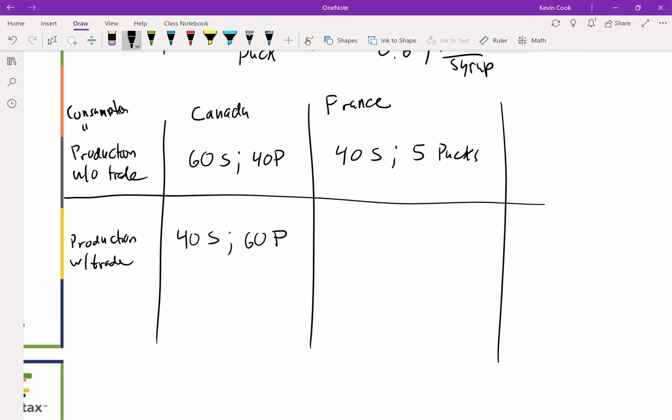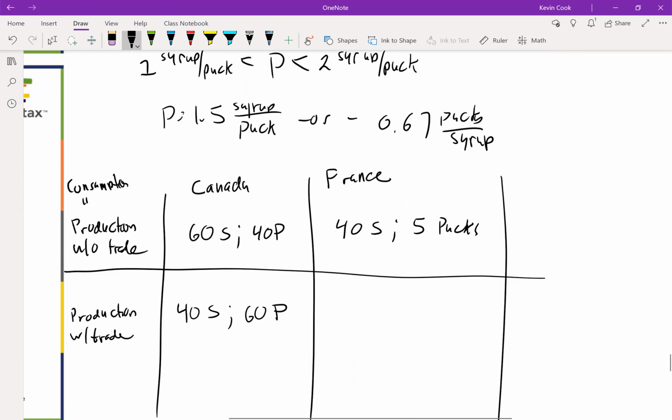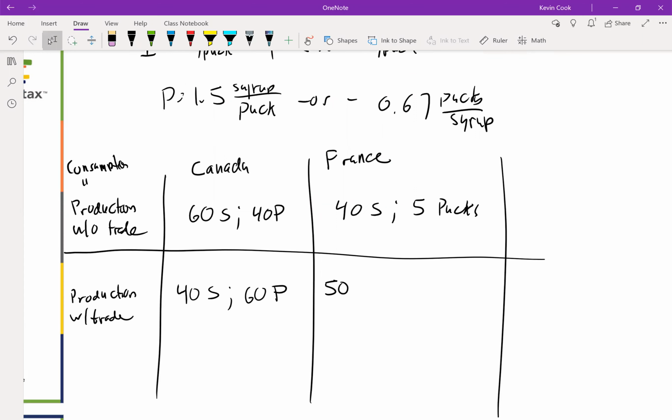Then France will exclusively make syrup. So France in this case will say they'll make 50 syrup and 0 pucks. Right. Canada's 1-1. France, we said they can make 50. So this should work out.